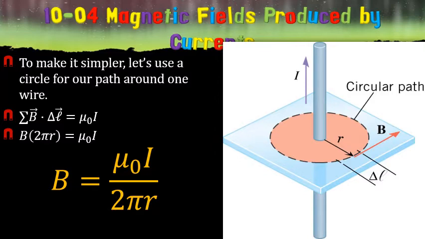Take your right hand, pretend like you're grabbing the wire, your fingers curled around it, and you'll see your fingers will curl that way. So your magnetic field around a long straight wire is circular.